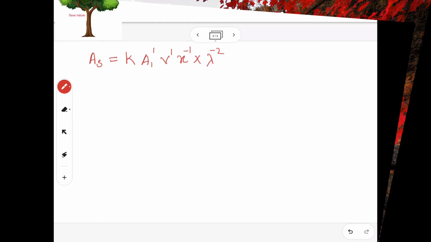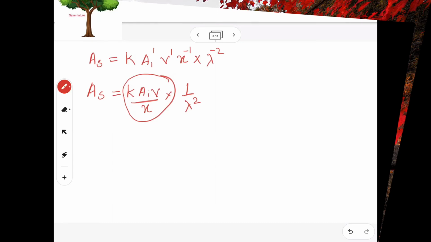So I am just rearranging all these terms. AS equal to K times AI, then V by x, into lambda raised to minus 2, that I can write as 1 by lambda square. So these all are constants along with K, so I am taking this as a constant.